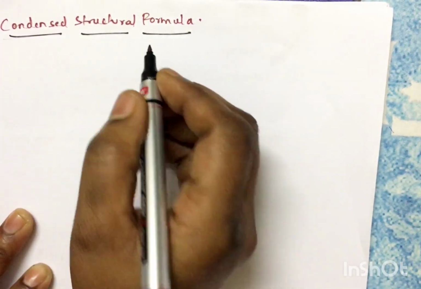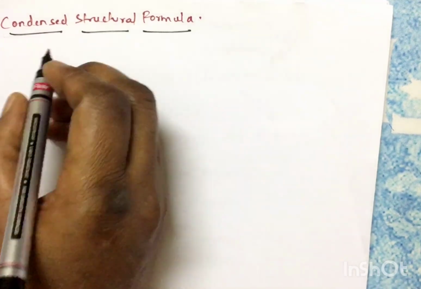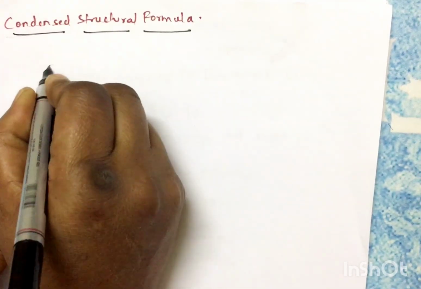In the dash structures, covalent bonds were represented as dashes, but in condensed structural formula these dashes are omitted.